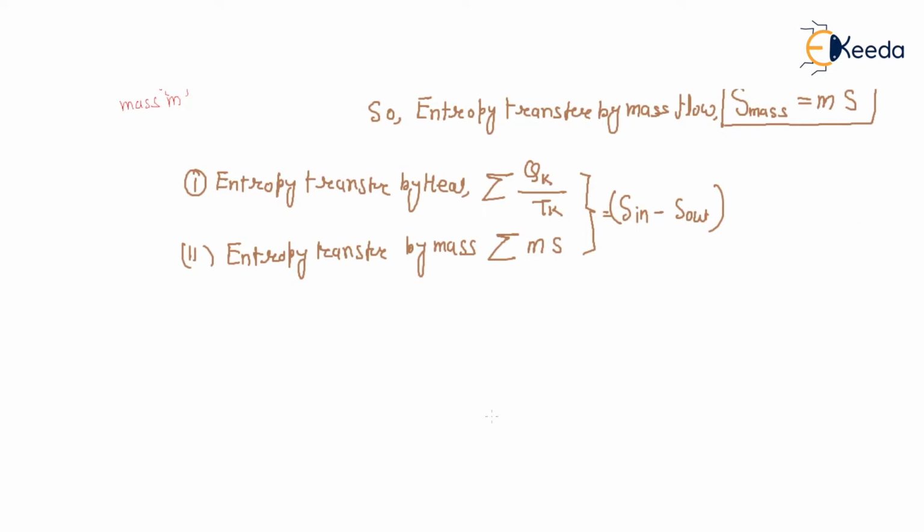Number three, what is the entropy change of the system? Entropy change of the system, delta S system, is S2 minus S1.